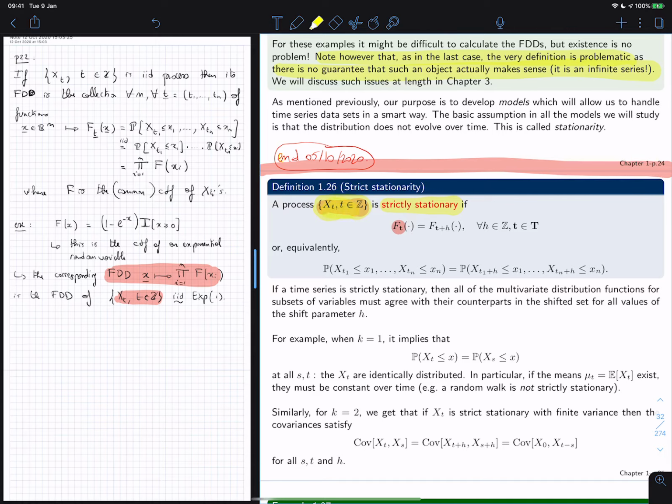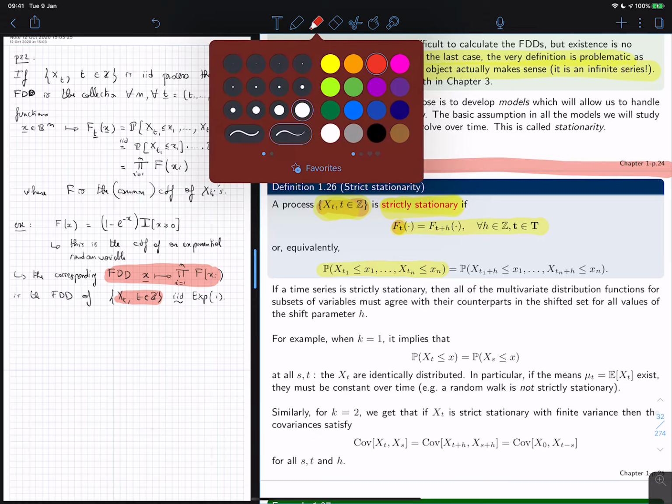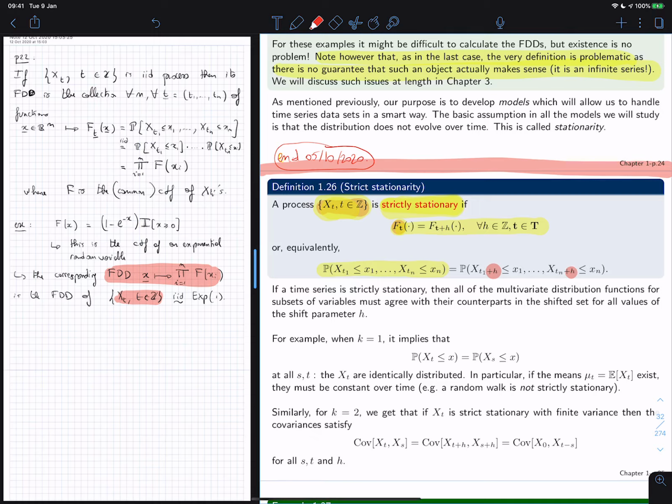And we will say that this random process is strictly stationary if its FDDs do not change over time. That is, if I look at the CDF of any joint X_t1 up to X_tn, it doesn't matter if I look at time t1 or at time t1 plus any translation in time, t1 plus h.